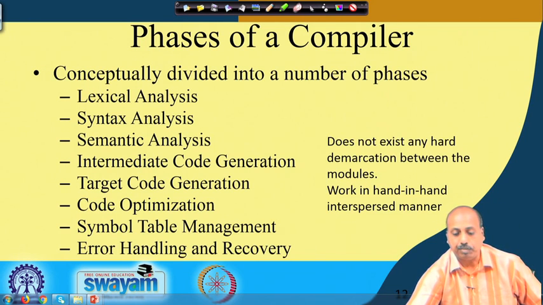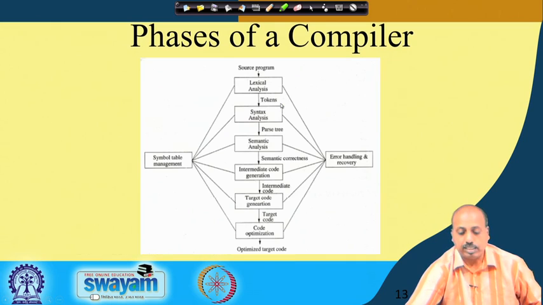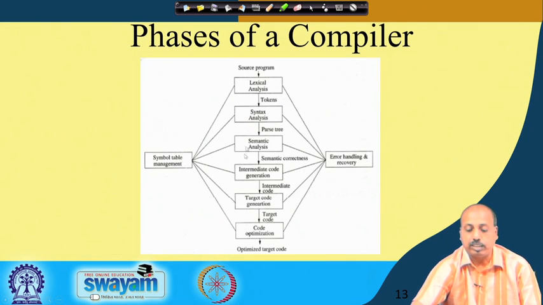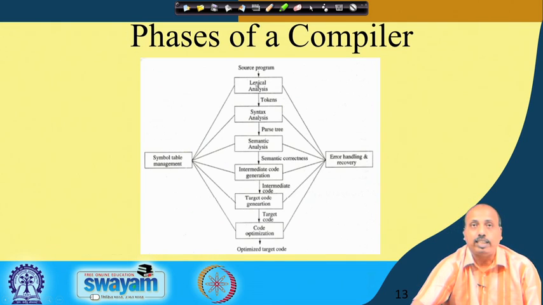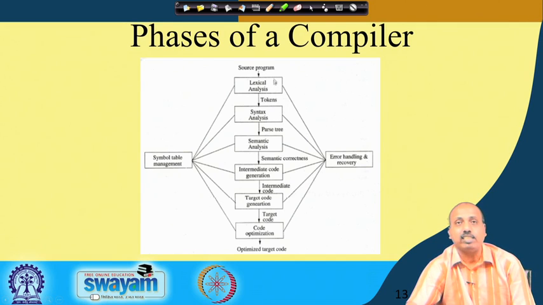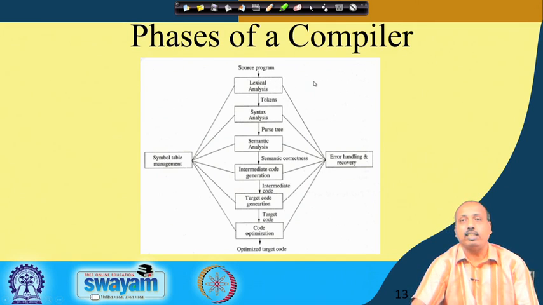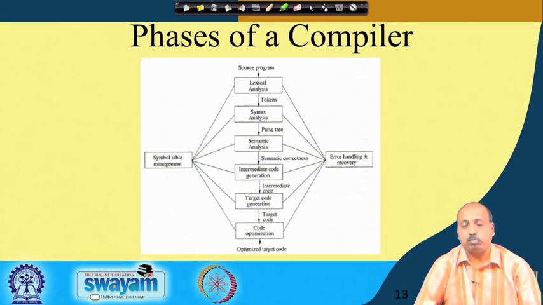Next, we have this diagram that actually depicts the whole thing. Your source language program enters the lexical analysis phase, which does many things. Normally source programs have a lot of comments. The comments are removed because comments are never translated into machine code.